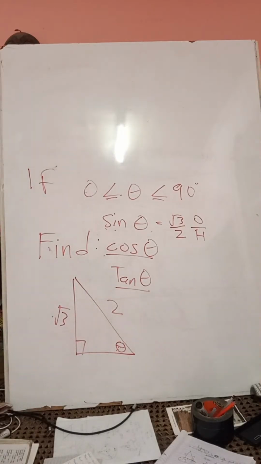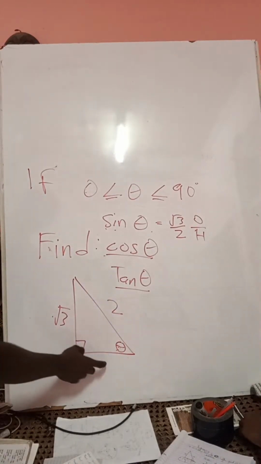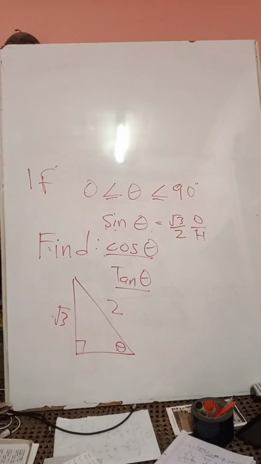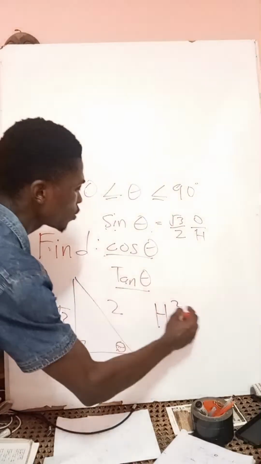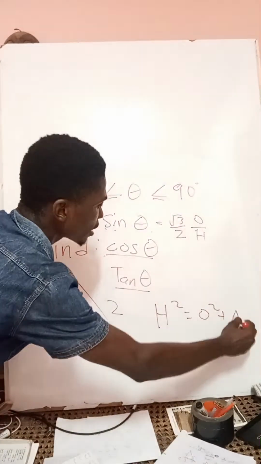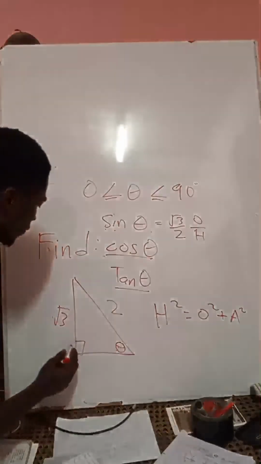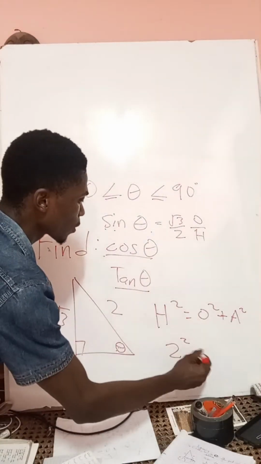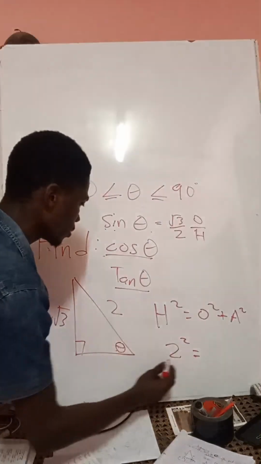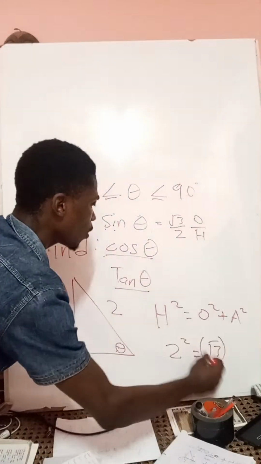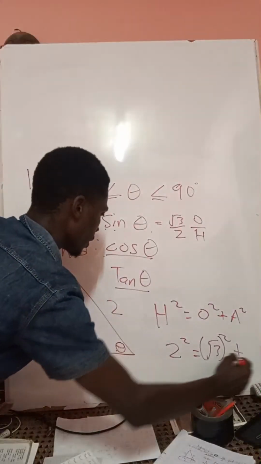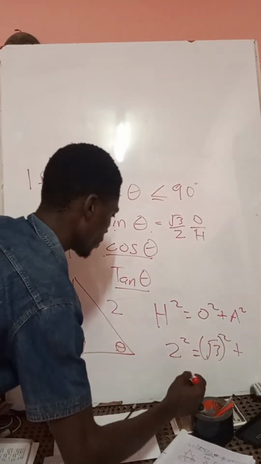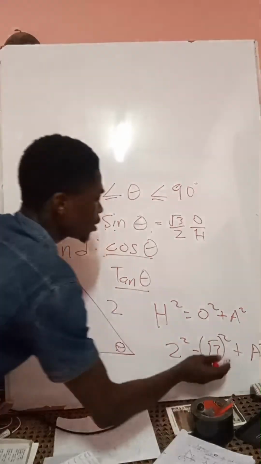Then you solve to get this side by using Pythagoras theorem. Pythagoras theorem states that hypotenuse square is equal to opposite square plus adjacent square. So I'm going to have 2 square is equal to root 3 all square plus a square. So you're looking for a.